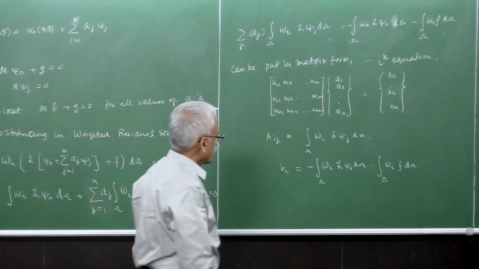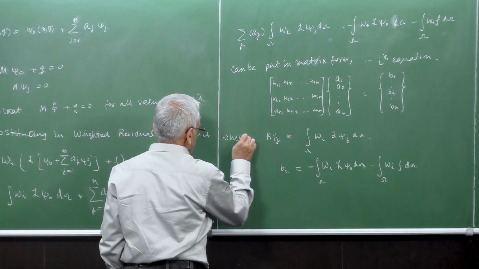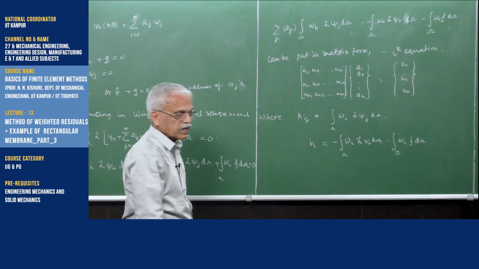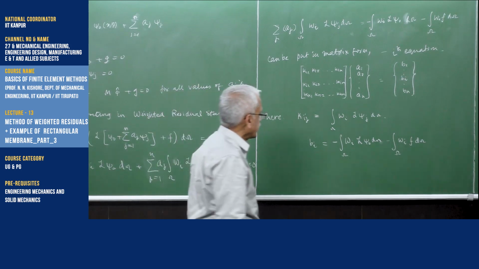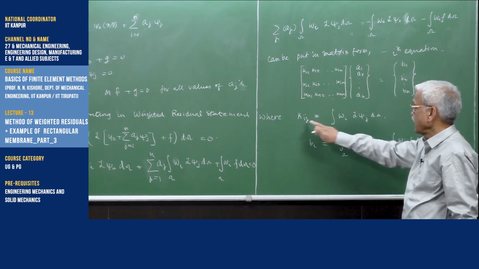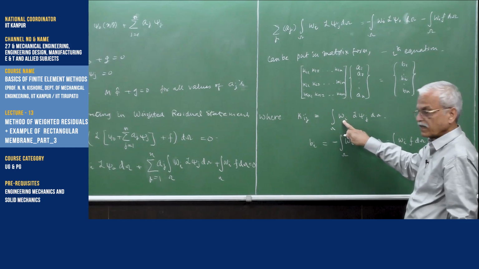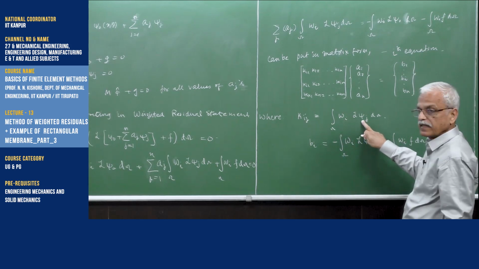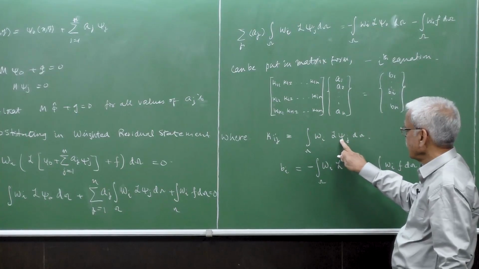Okay, so this is where you can identify these terms Kij and bi. So it's very nicely. The whole problem now comes down to simply finding out this quantity Kij, a general term. Obviously, Kij depends upon the weighting function Wi as well as the set of trial functions psi j.